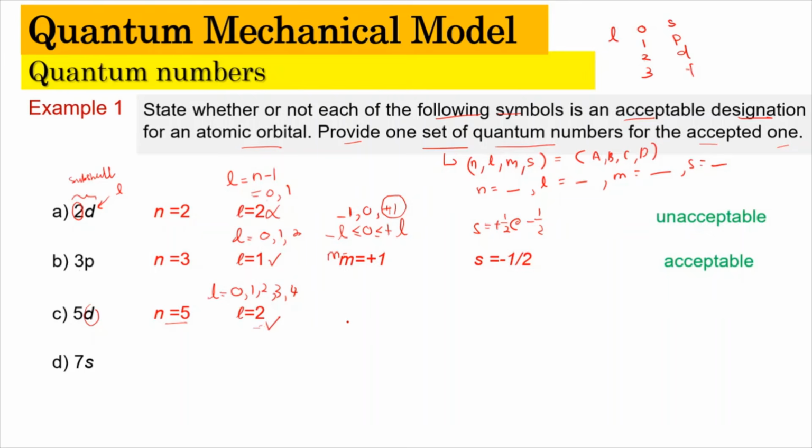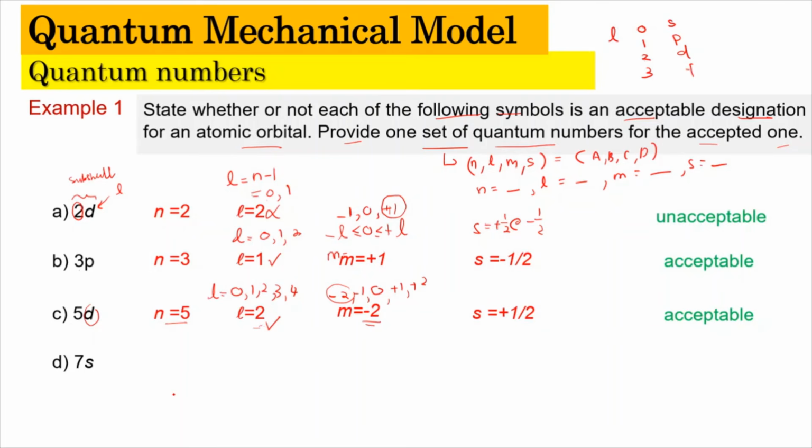Because of this, our m value here can be either negative 2, negative 1, 0, plus 1, or plus 2. You can choose any number. For me, I will choose m equal to negative 2. And for s, again, you can choose plus half or negative half, depending on yourself. For me, I will choose s equal to plus half.